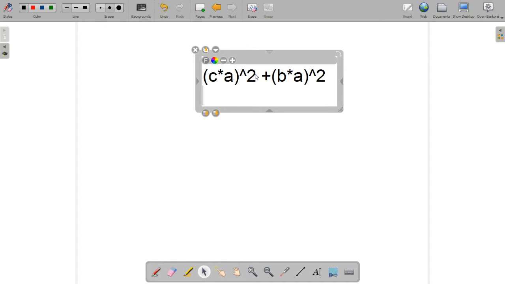Well, this is basically just the same thing. Just factor out the A squared and all you have is C raised to the 2 plus B raised to the 2.